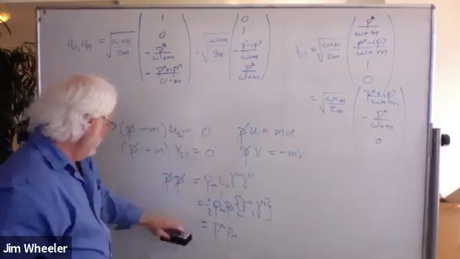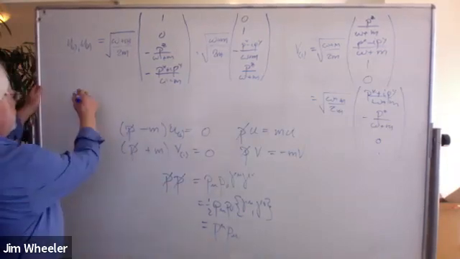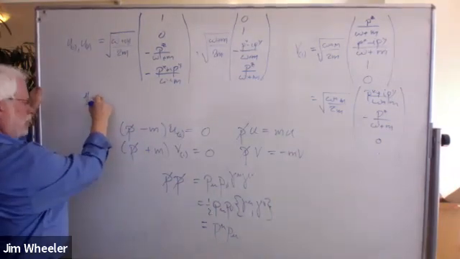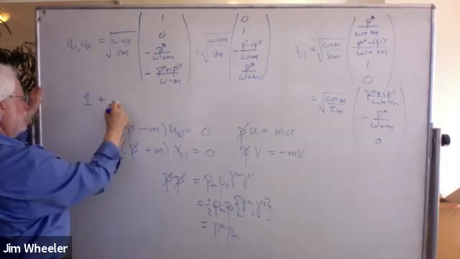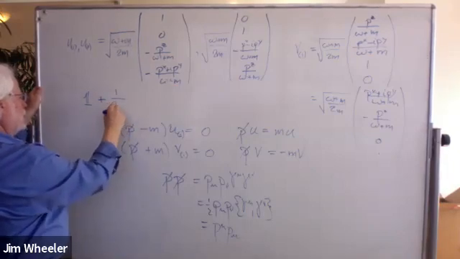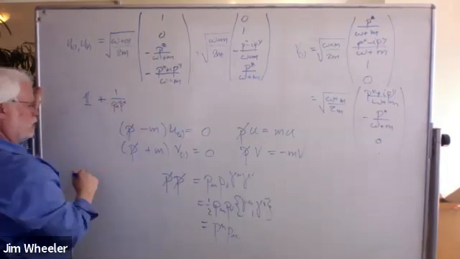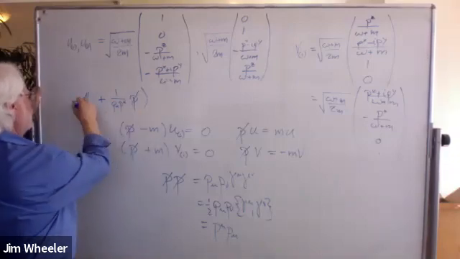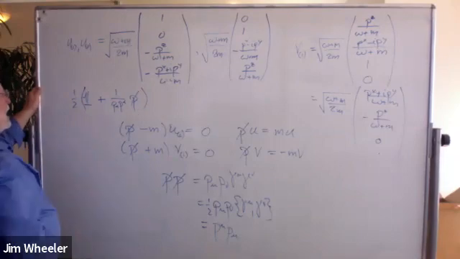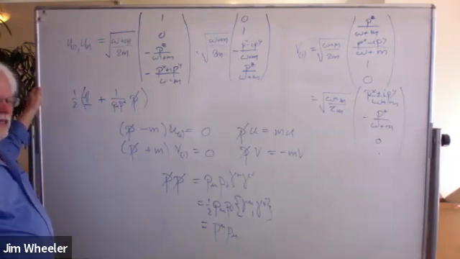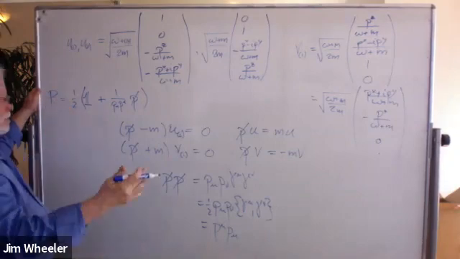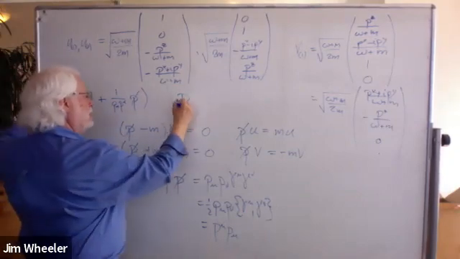That means that if I take the identity plus, now I need to normalize it, p alpha, I'm going to normalize and then p-slash. Suppose I take half of that. That is clearly some matrix. Look at p squared.